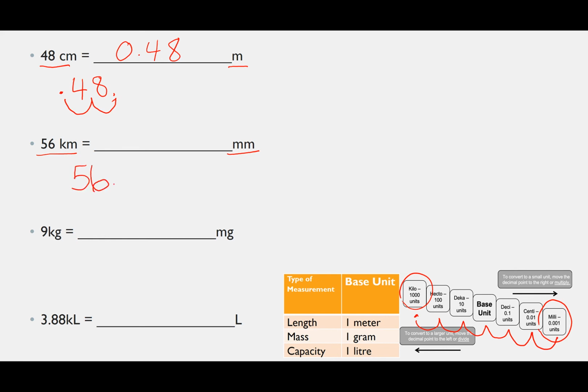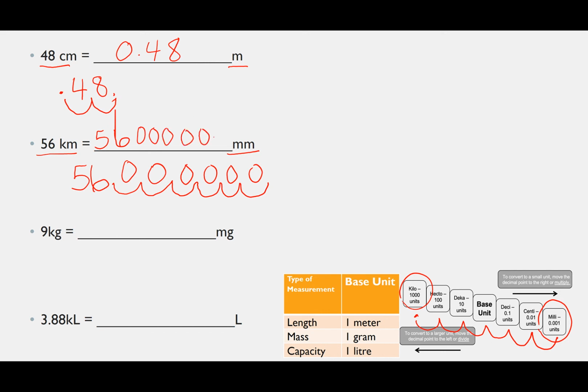Our decimal is here. And we are moving it to the right 6 times. We can fill in the zeros. So 56 kilometers is 56 million millimeters.